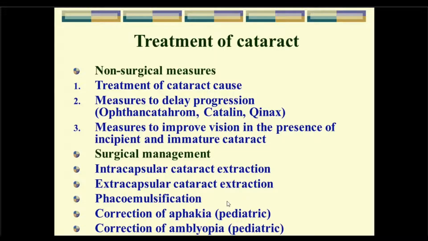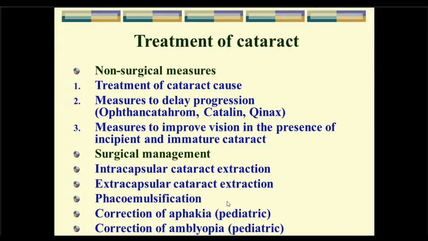Extracapsular cataract extraction, when we make a hole in the anterior capsule of the lens, remove nucleus and cortex, and then implant an intraocular lens in this capsular sac. And after this operation, the patient has rather good visual acuity.